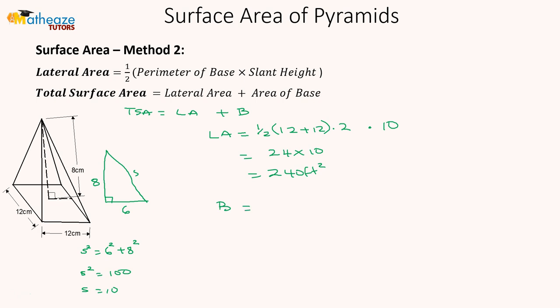The area of the base is 12 times 12, which is 144 square feet. So the total surface area is 240 plus 144, which is 384 square feet. So these are the two main ways you would address the surface area of pyramids.